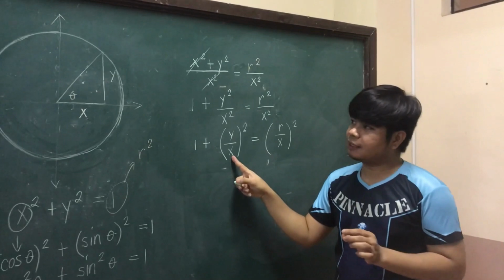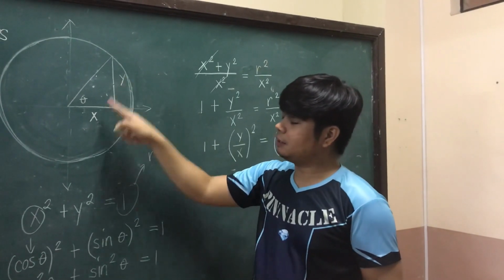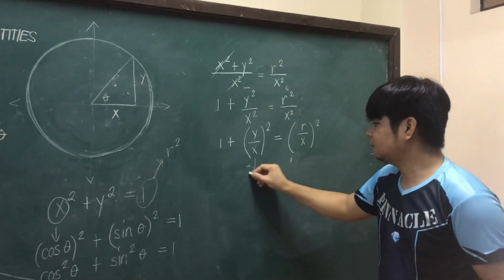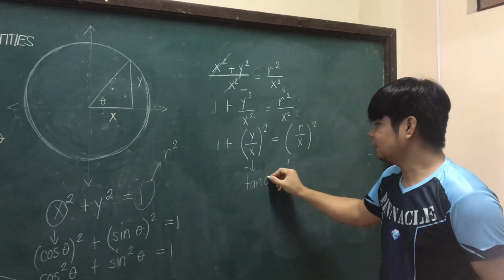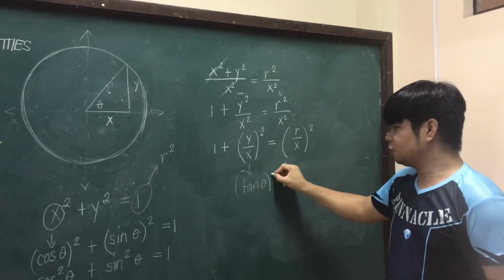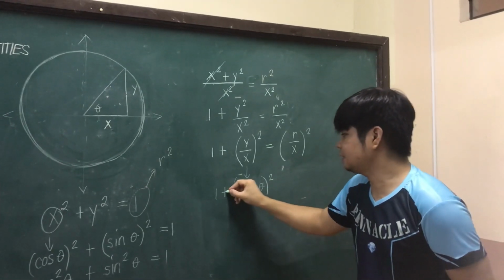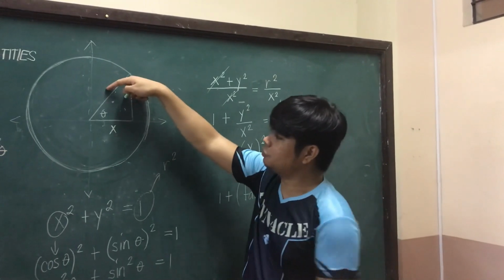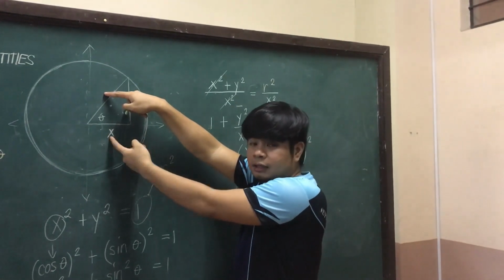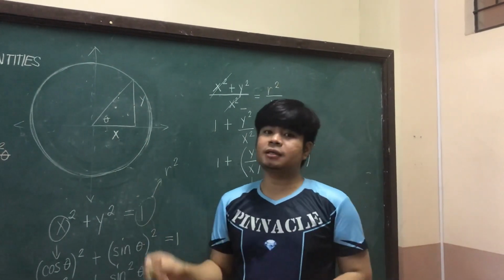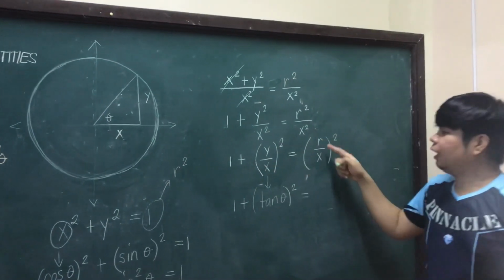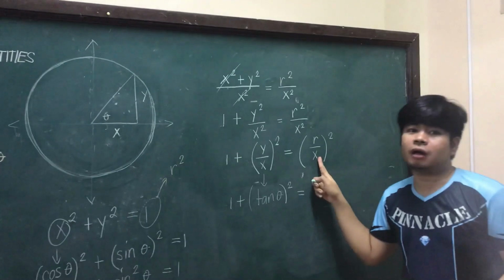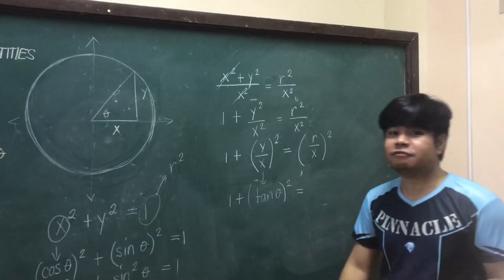But y over x here, y opposite, x adjacent, and this is the reference, that is equal to tangent theta. So substitute. This is 1 plus tangent squared theta. And r over x, hypotenuse over x, the adjacent, is a representation of the reciprocal of what we call the secant function.